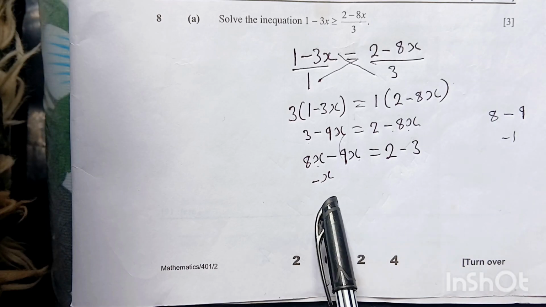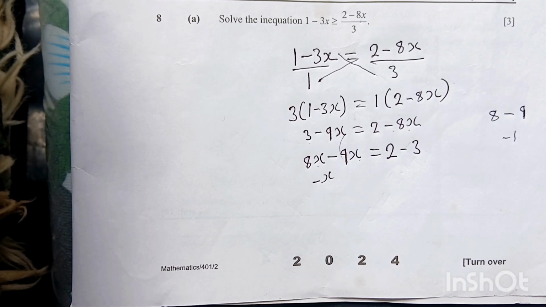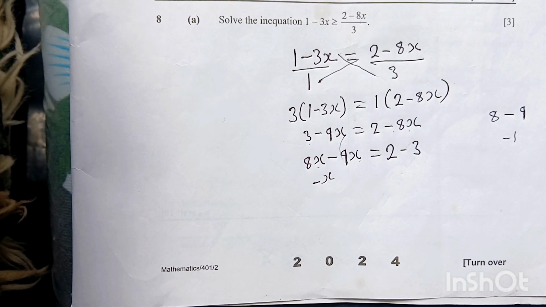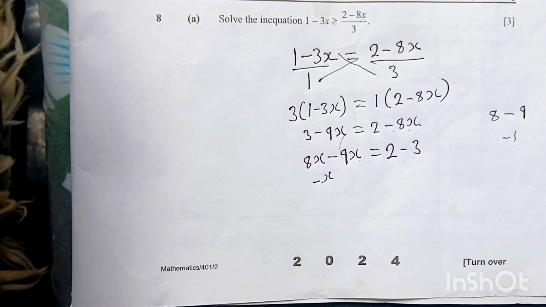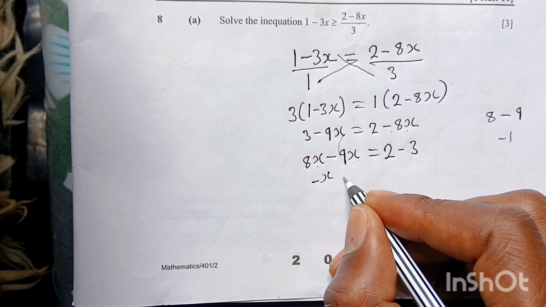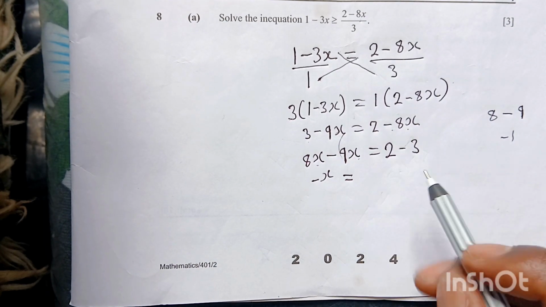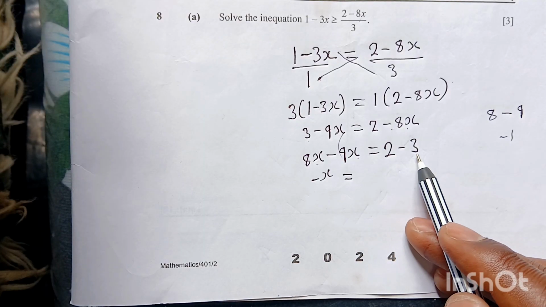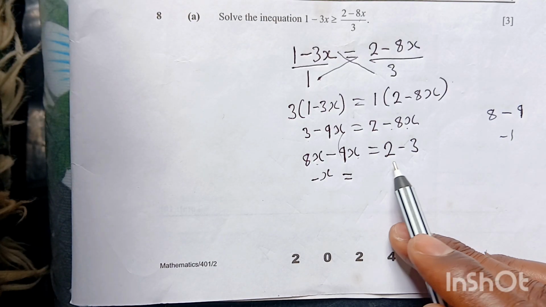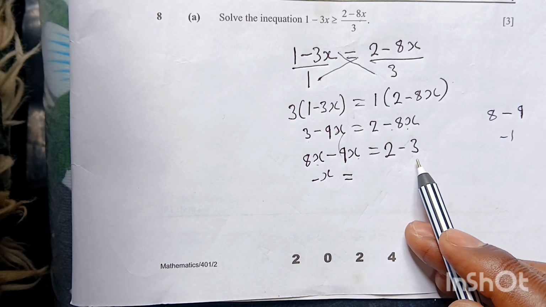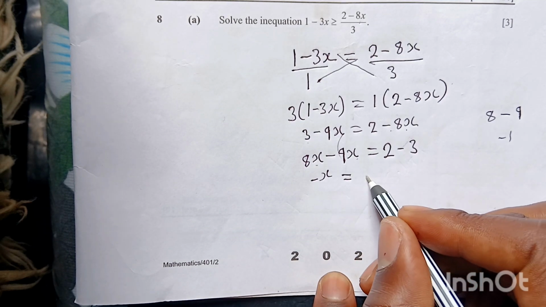When you're talking about variables, negative x is the same as negative 1x. So negative x equals 2 minus 3, which again gives you negative 1.